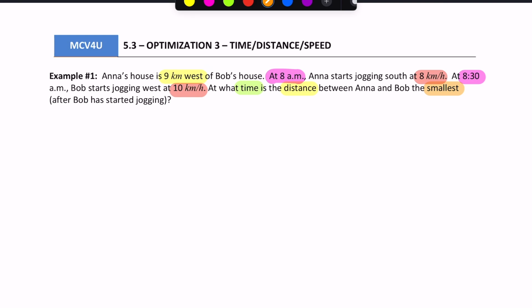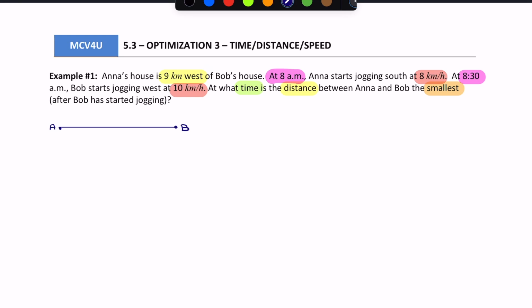Okay, so the first thing we'll do here is draw our diagram. Here we know that Anna's house is 9 kilometers west of Bob's. Here we label A for Anna, and here we'll label B for Bob.